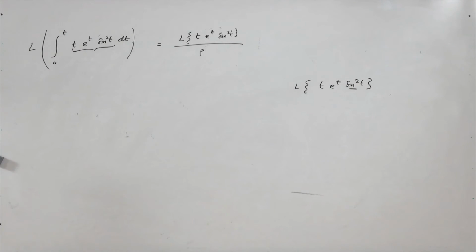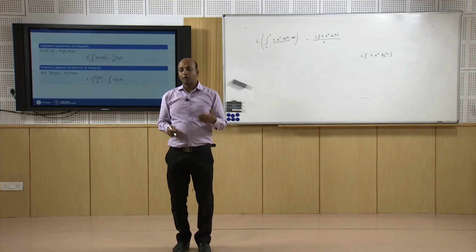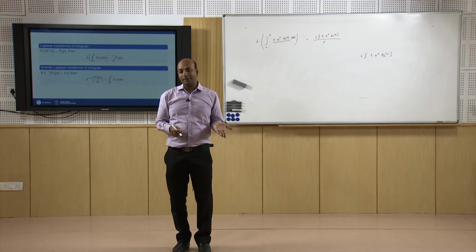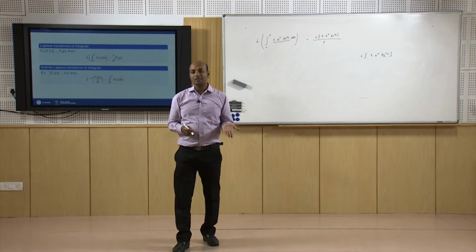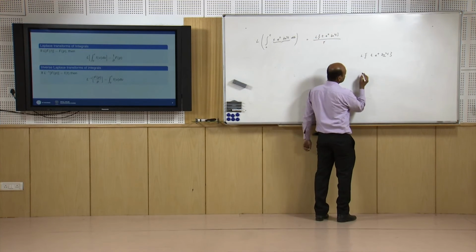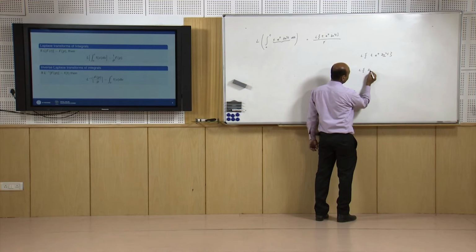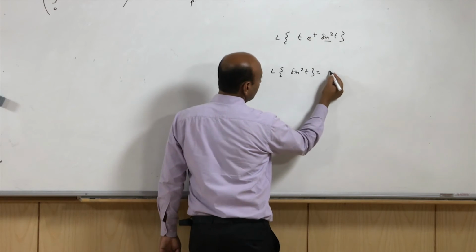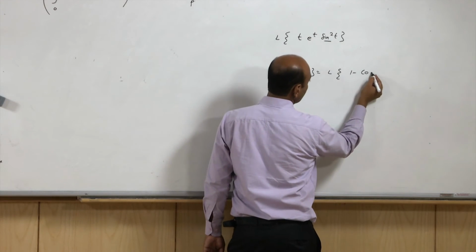apply shifting property of e to the power t, and for t we already know that Laplace of t f t is minus of F dash p. So, what is Laplace of sin square t first? Laplace of (1 minus cos 2t) by 2.